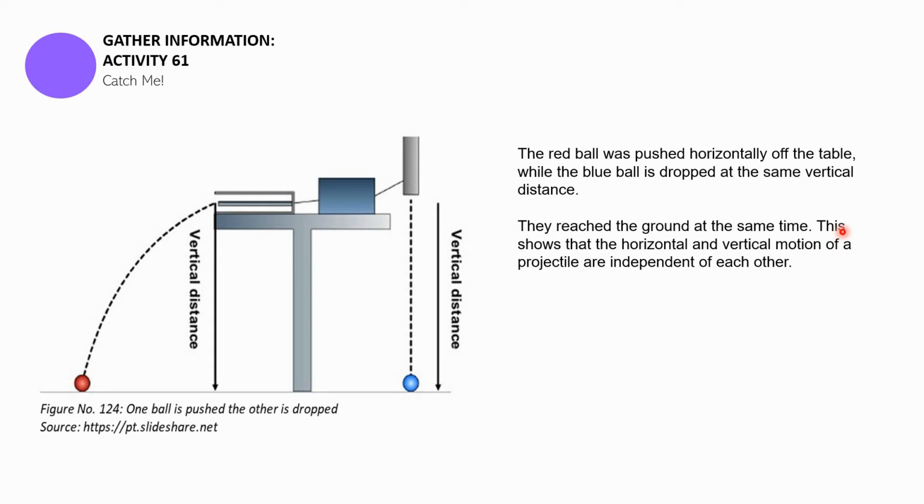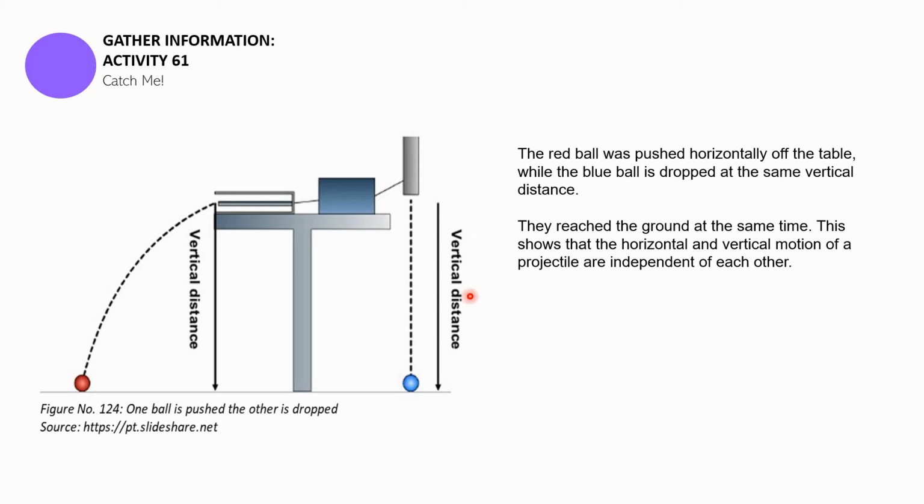Ang pinapakita lang noon is that the horizontal at saka yung vertical motion ng isang projectile, they are independent of each other. So, ang isang projectile or ang isang bagay, kapag na-launch na siya into the air to become a projectile, it doesn't matter kung na-launch siya horizontally or kung na-drop siya. It doesn't matter kung na-launch siya with horizontal velocity or wala, as in the case of this blue ball, since it went from rest to moving.